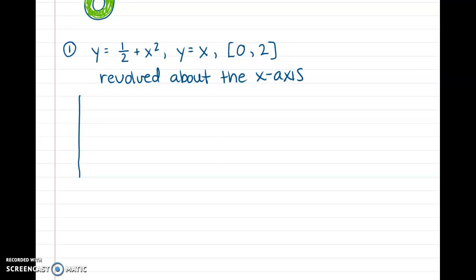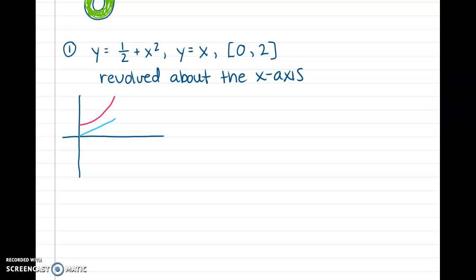Much of this will be the same as the volumes we've done so far. If we sketch our figure here, 1/2 plus x squared looks something like that, and y equals x looks like that.